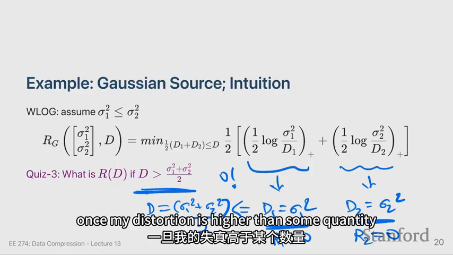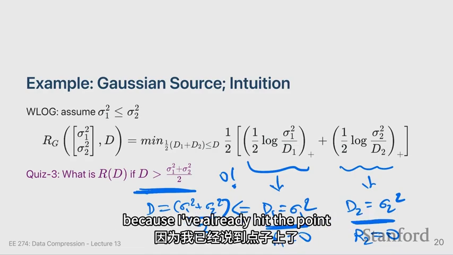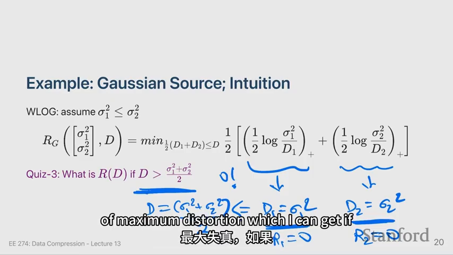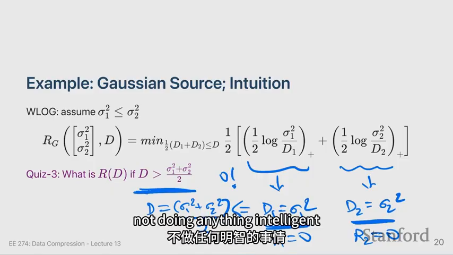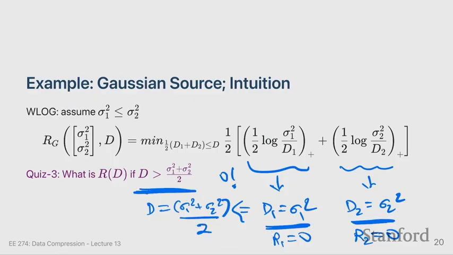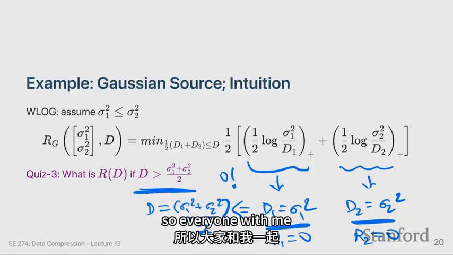So once my distortion is higher than some quantity, I actually don't need to spend any bits because I've already hit the point of maximum distortion, which I can get if I was basically just not doing anything intelligent, not sending anything. Okay. So everyone with me?